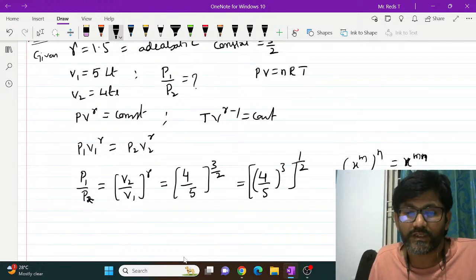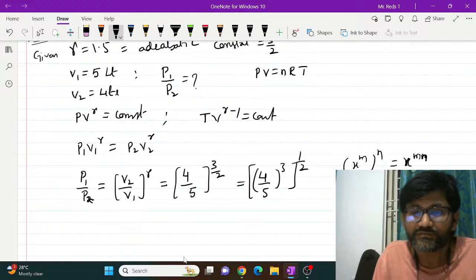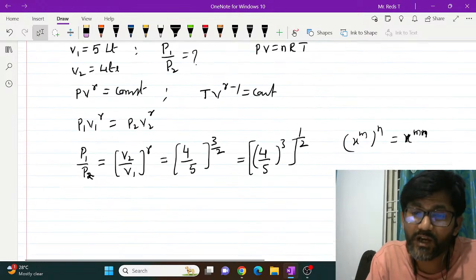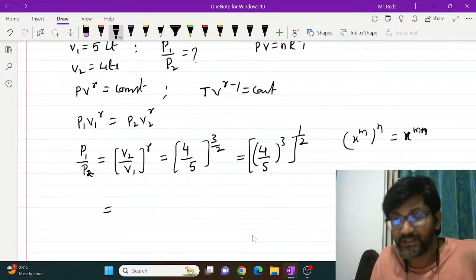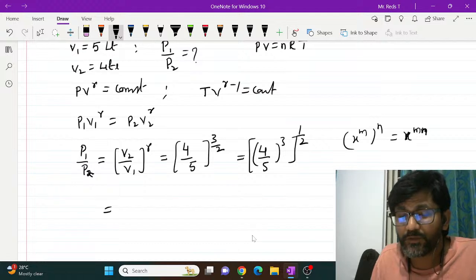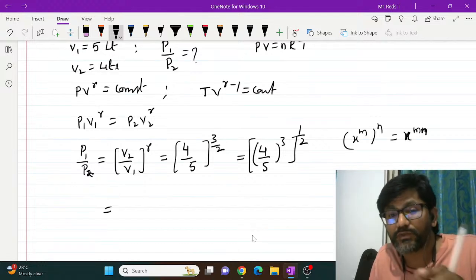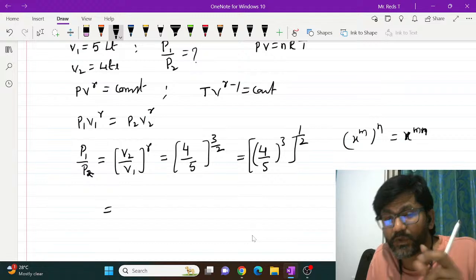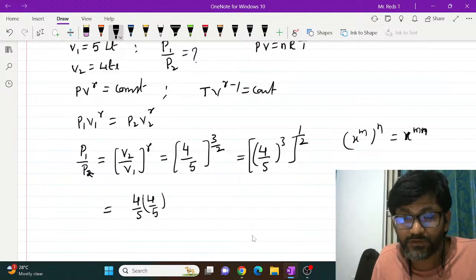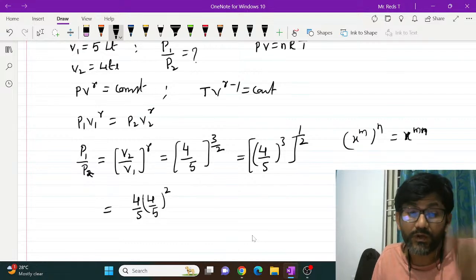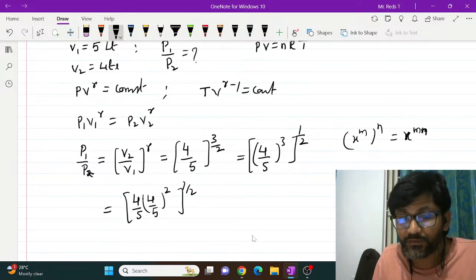So now we can simplify further as 4 cube by 5 cube, power half, which is root. Here you have to simplify based on the options, guys. 4 cube is 4 into 4 into 4, or 4 into 4 square by 5 into 5 square, or 4 by 5 into 4 by 5 whole square, whole power half, that is the root.